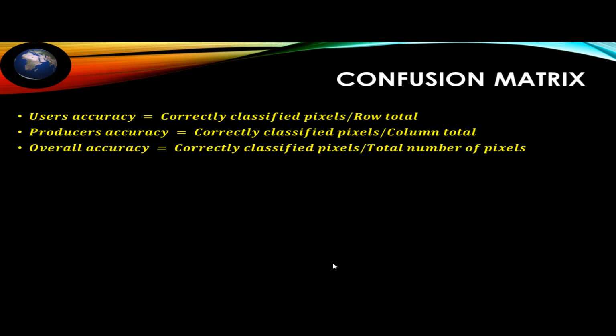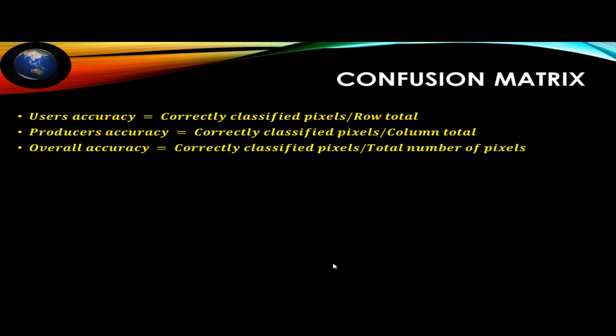Sir told about the confusion matrix, and I will give you one example of that. User accuracy is defined as the ratio of correctly classified pixels divided by the row total. Producer accuracy is the ratio of correctly classified pixels divided by the column total. Overall accuracy is the ratio of correctly classified pixels to the total number of pixels.